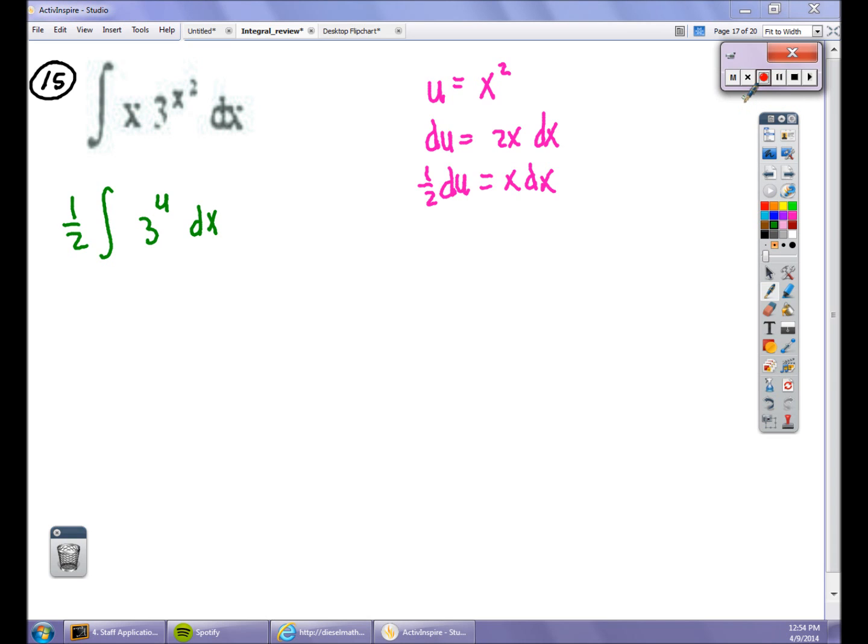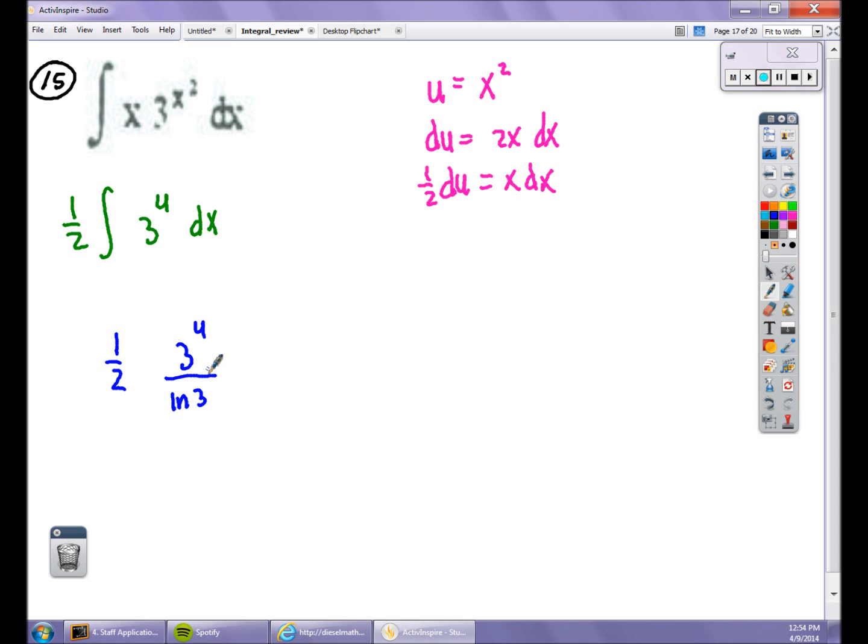Instead of 3 to the x squared, it's 3 to the u. And for this integral, it's going to be 1/2 times the integral of 3 to the u. That's going to be 3 to the u, and then divide by the ln of 3. Now, if you recall, the derivative of 3 to the x is ln 3 times 3 to the x.